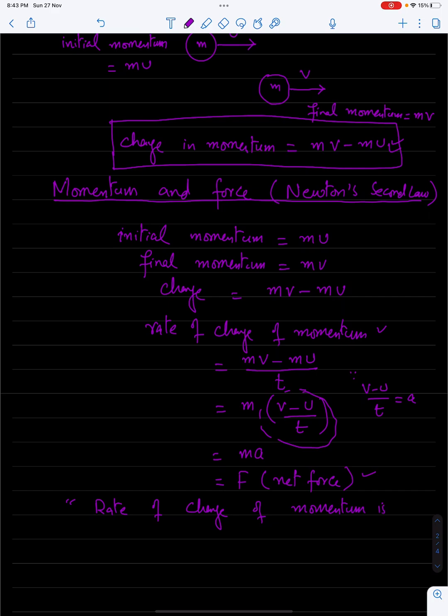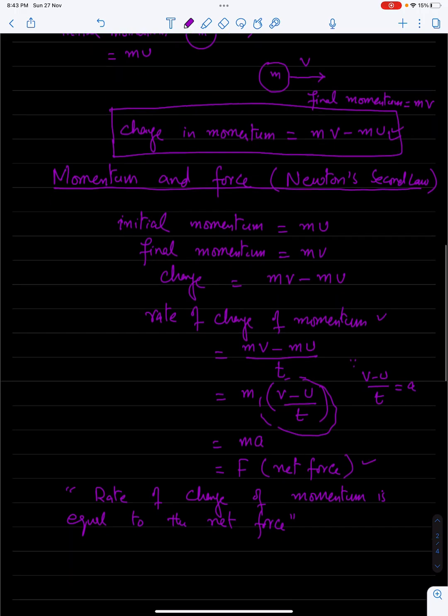that the rate of change of momentum is equal to the net force. So what is this net force? This net force is basically that force which is applied by one body to another during the collision, right?